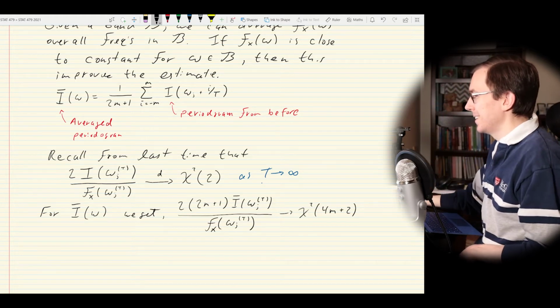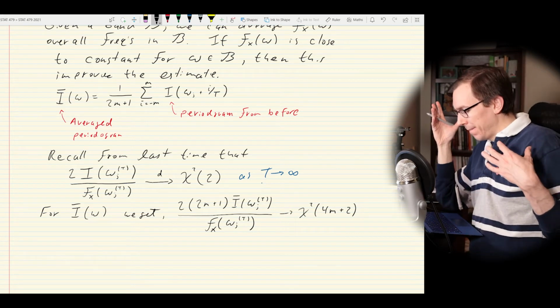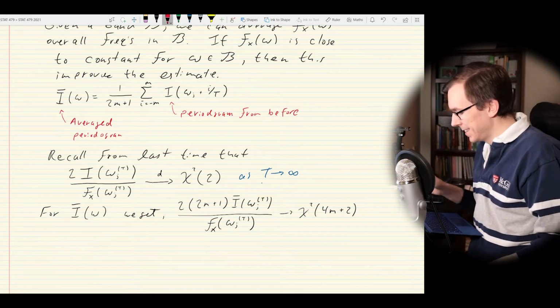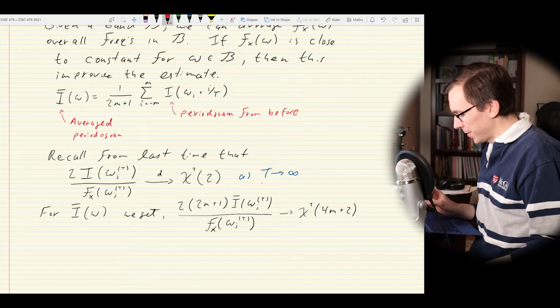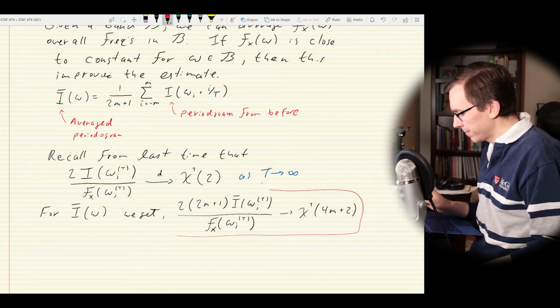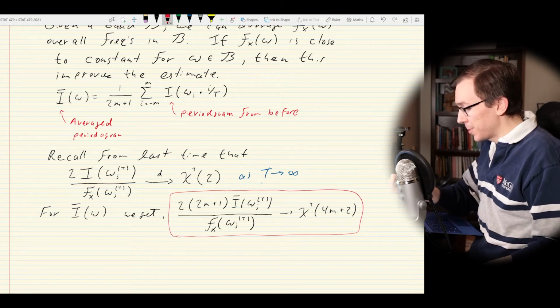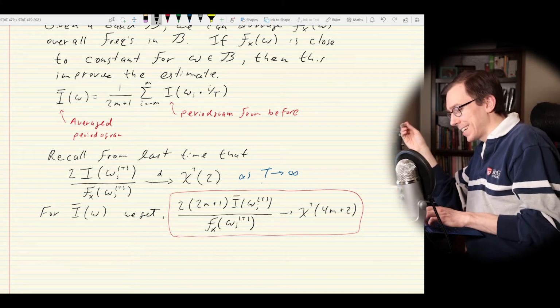So we have another type of convergence, given that the conditions are satisfied, and we're getting a chi-square distribution with more degrees of freedom, so that's nice.